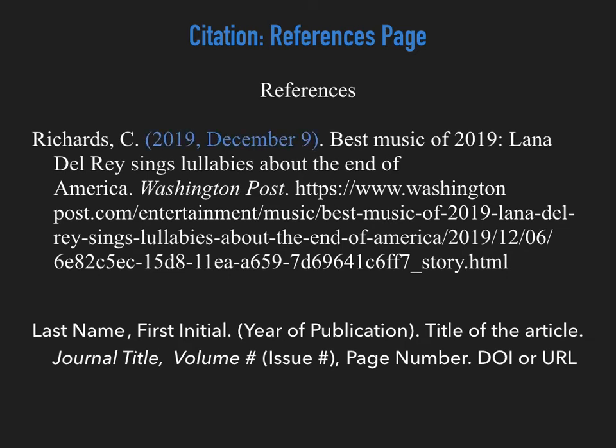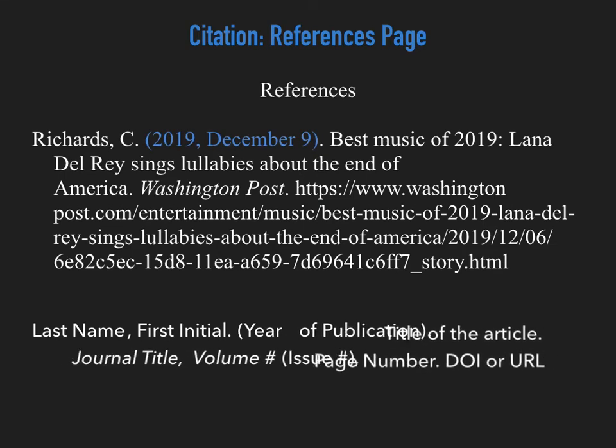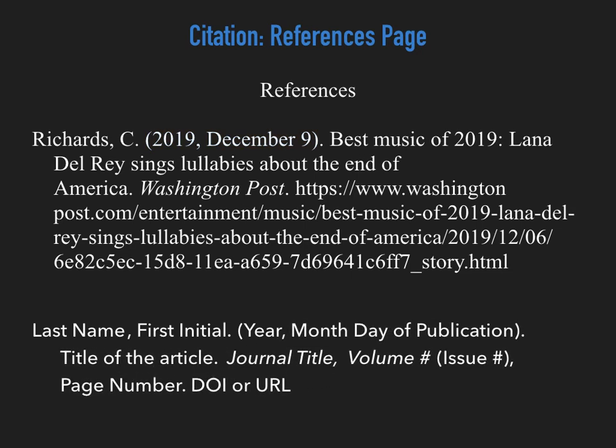First, instead of merely providing the year of publication, we also provide the month and day. The next difference is that we will include the newspaper's title instead of the journal title. We will then change the comma after the title to a period.